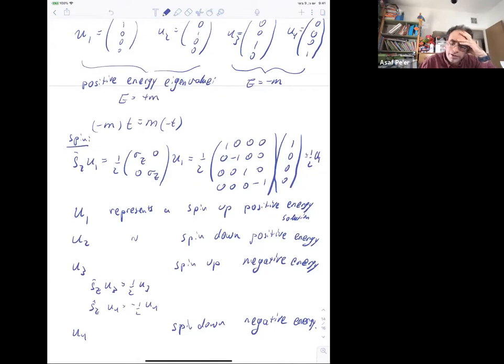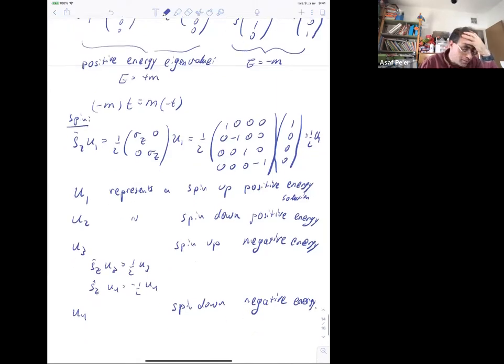So the Dirac equation, as promised, gives us 4 solutions. Each one has its own physical interpretation: spin up and spin down, positive versus negative energy. Okay, this was easy. Now let's generalize that.